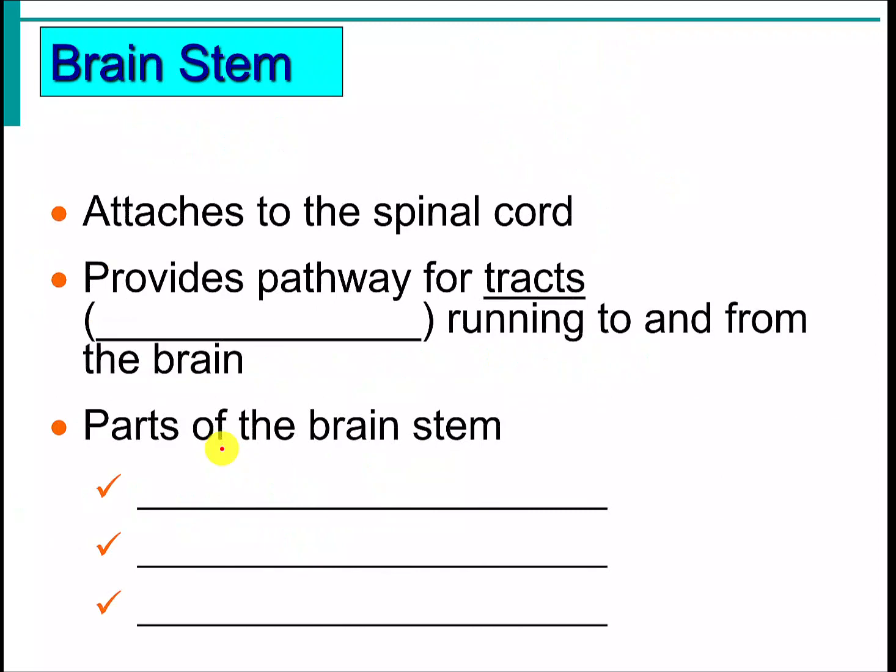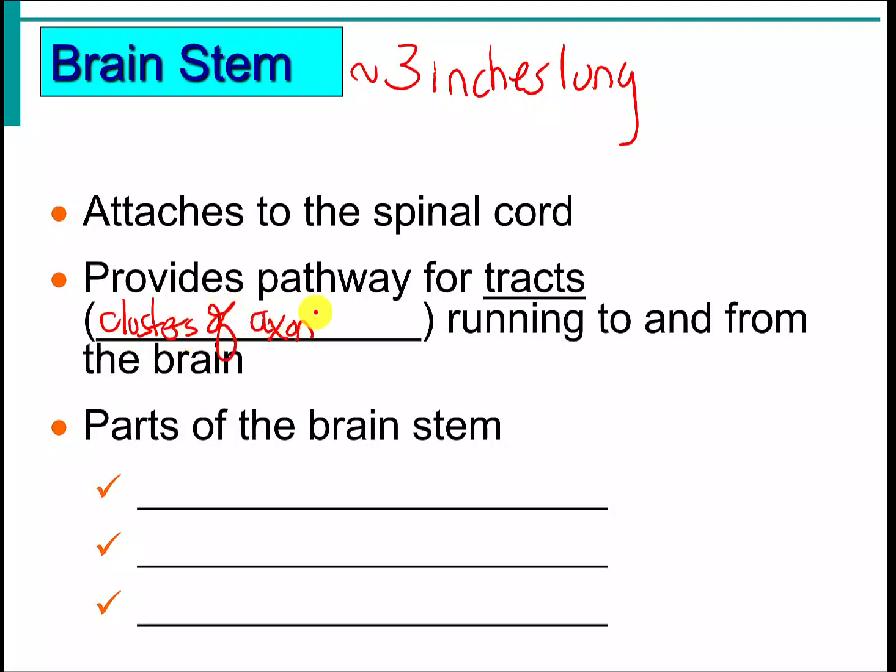Now the brainstem is about 3 inches long. Okay, so maybe the size of your thumb, a little bit bigger, and it attaches to the spinal cord. This provides a pathway for tracts. Now remember that tracts are clusters of axons in the CNS. So inside the CNS, these are clusters of axons, and they run to and from the brain.